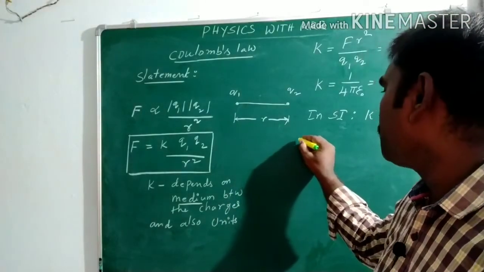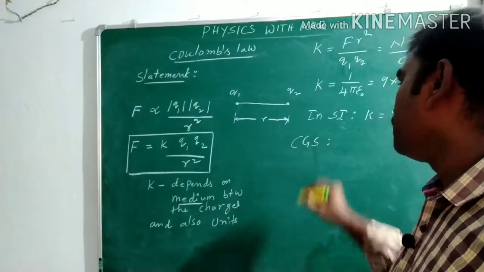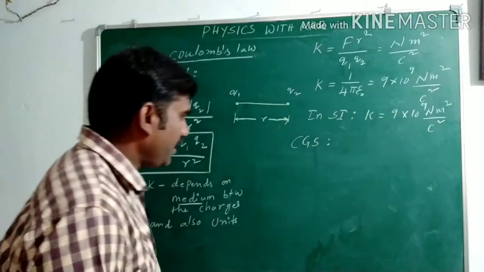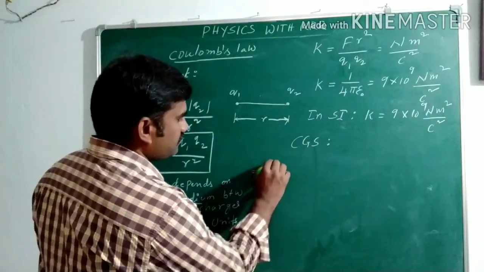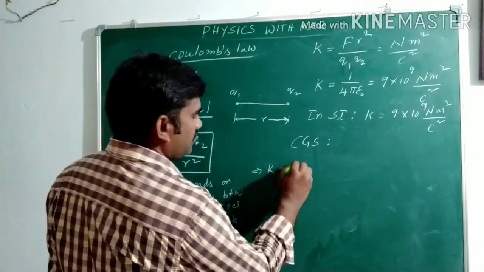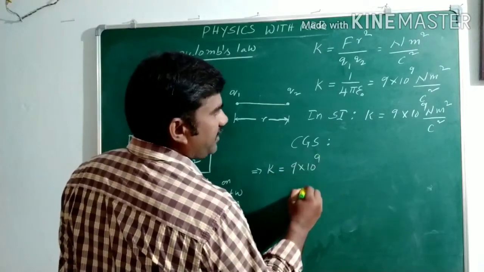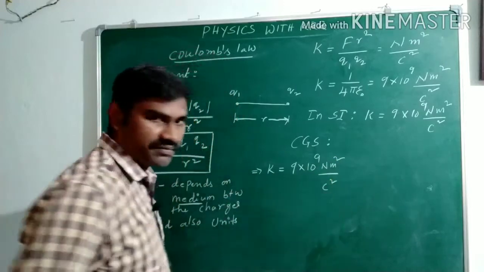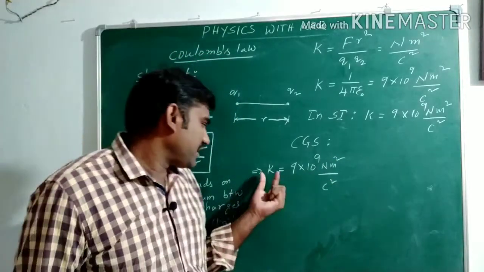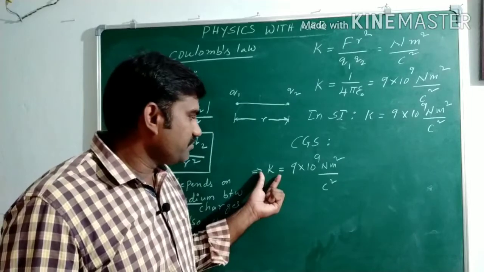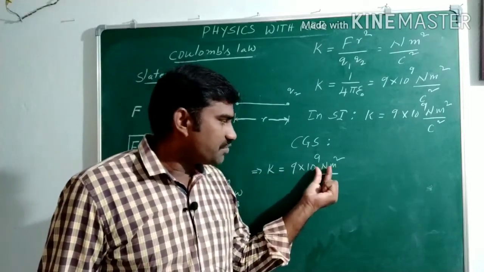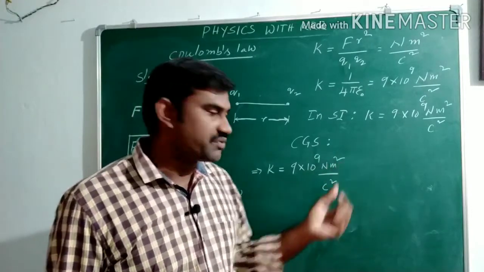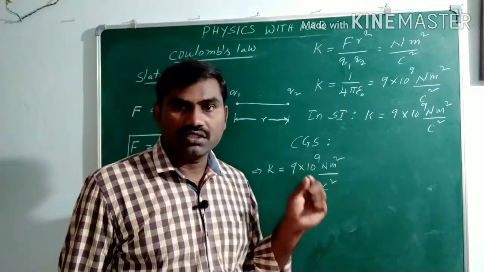Whereas in CGS unit, we can write the K value as K is 9 into 10 power of 9 Newton meter square by Coulomb square. Now, for getting the value of K in CGS unit, we need to convert Newton into dyne, meter square into centimeter square, coulomb square into stat coulomb.